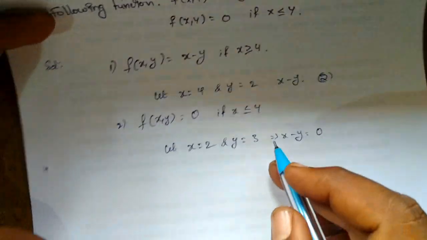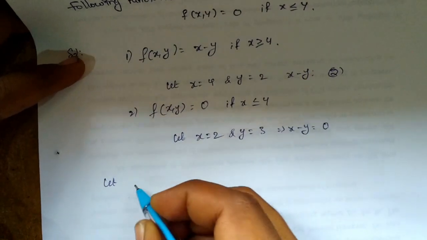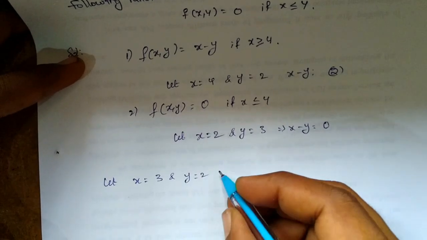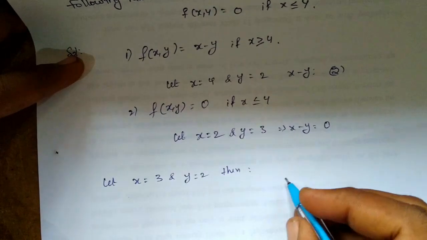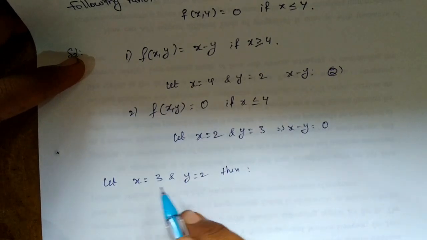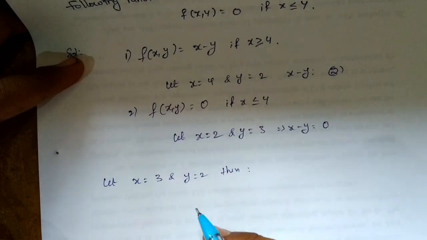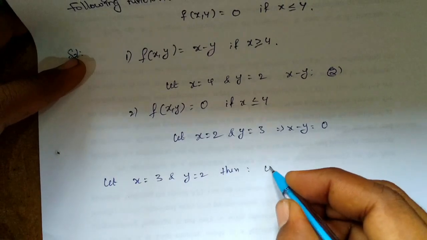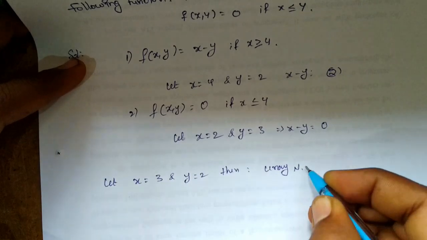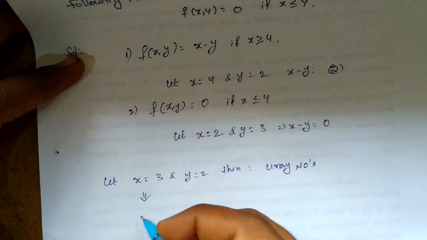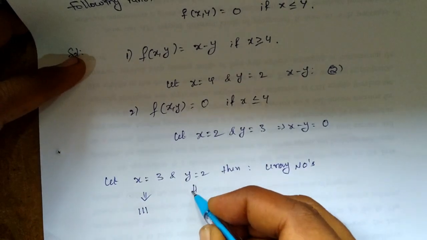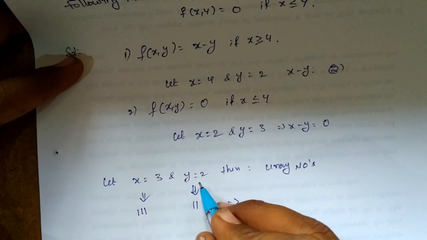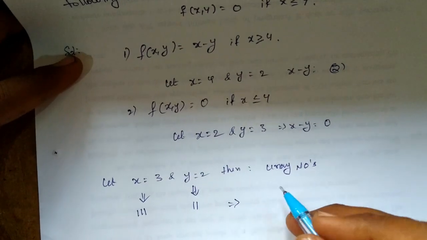For this we consider x equals 3 and y equals 2. So what is the input tape representation? These two values, x and y, can be represented in the Turing machine as unary numbers. So x can be written as 3 ones and y can be written as 2 ones, and these two values can be separated with some separator or delimiter.